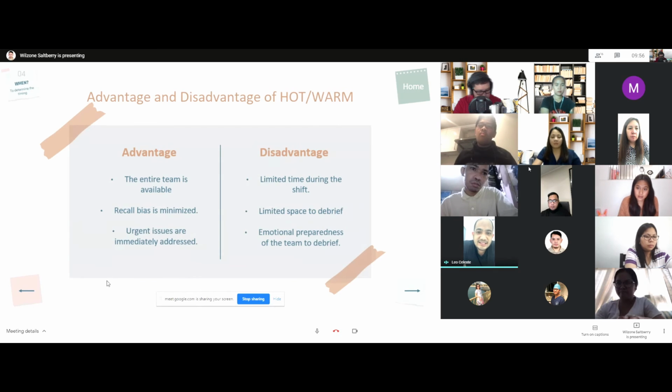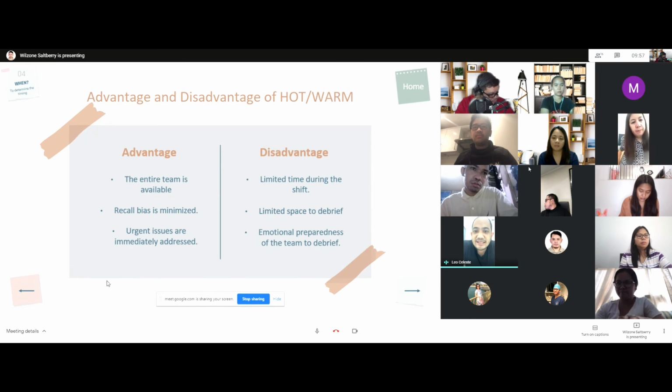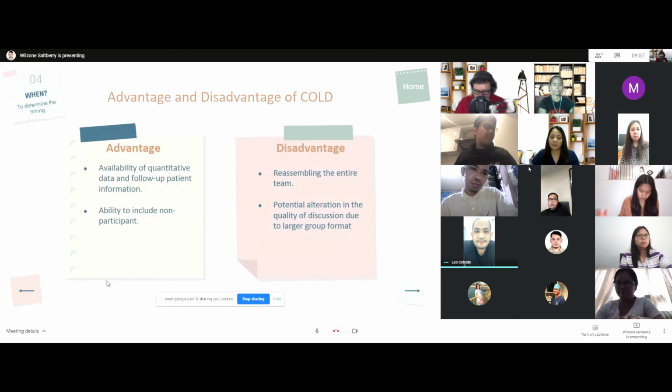The advantages of hot and warm are, first, the entire team is readily available. Next, recall bias is minimized and urgent issues are immediately addressed. However, the disadvantages of hot and warm are the limited time during the shift, limited space to debrief, and the emotional preparedness of the team to debrief.